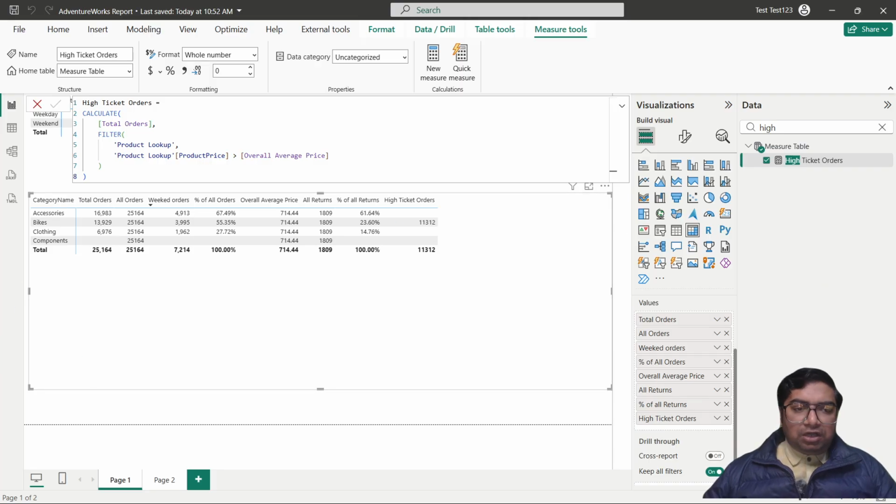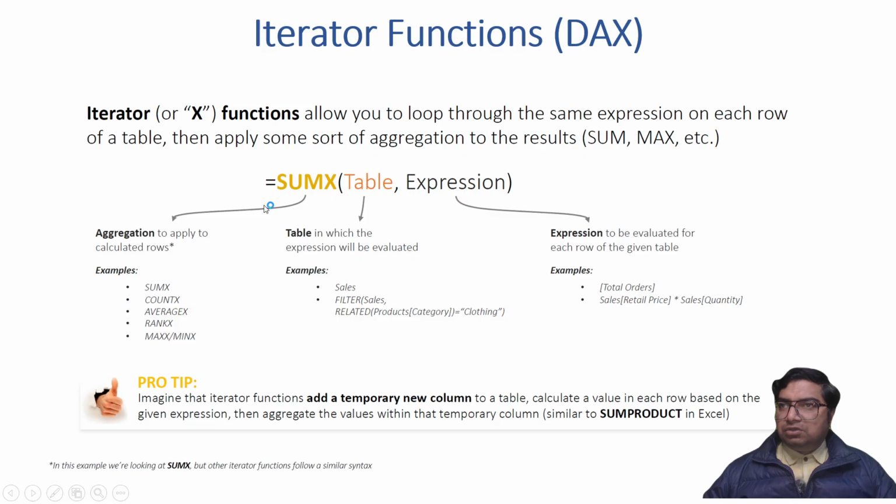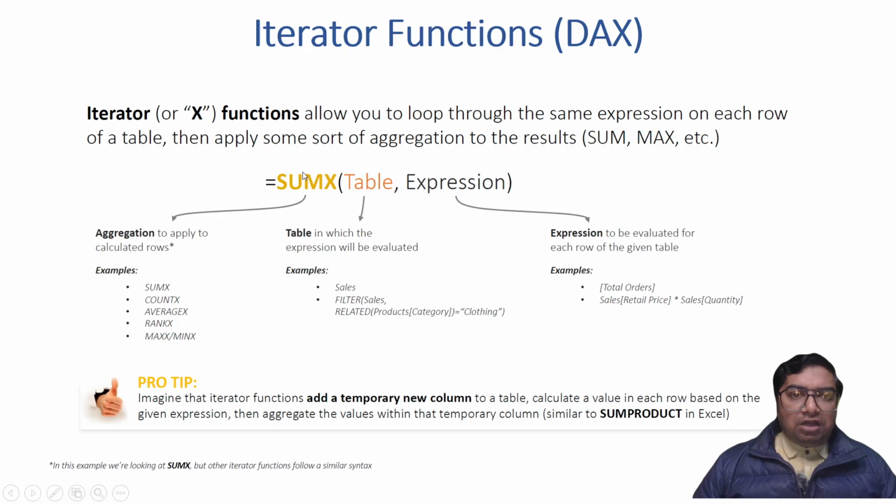Let's jump to another topic, that is iterator functions. Let's try to understand the theory first, then we'll jump into the practical. Iterator functions, or X functions, allow you to loop through an expression on each row of the table and apply some sort of aggregation to the result, like SUM or MAX. What does it mean?